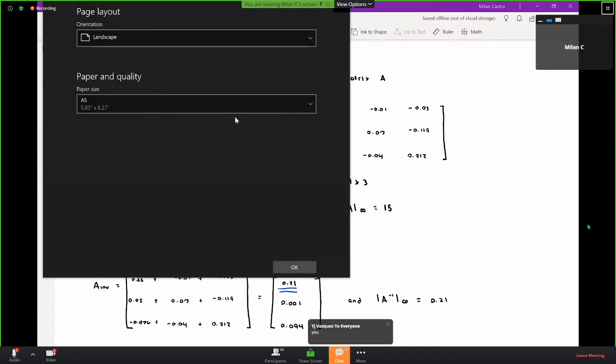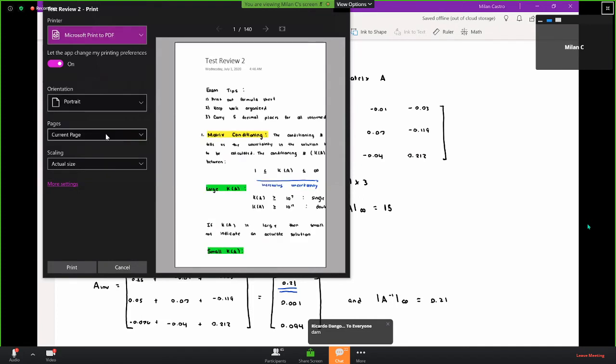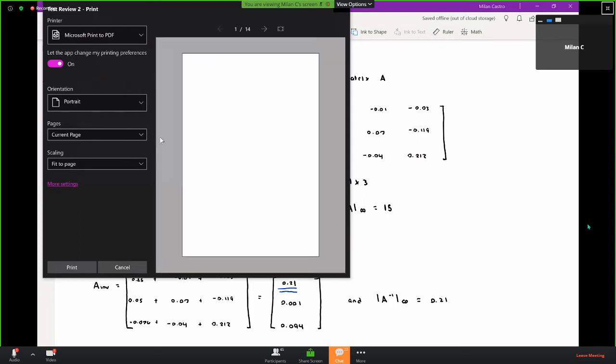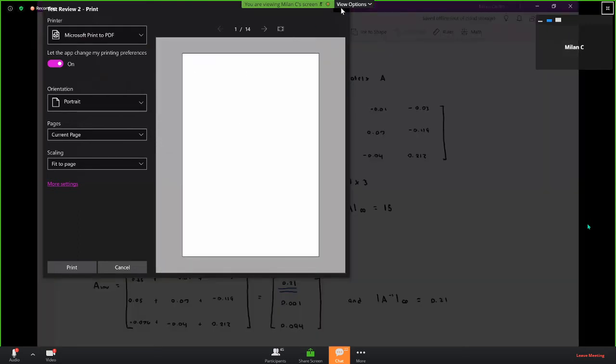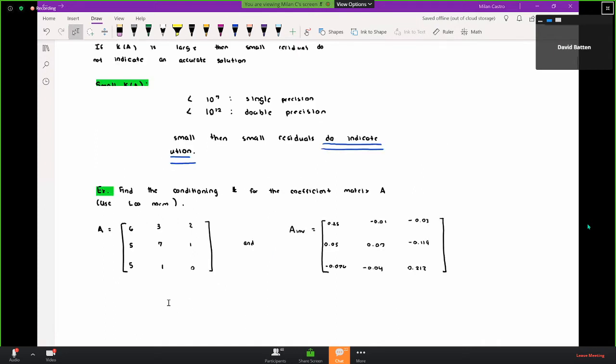If you guys want to send the review to other people, that's totally fine with me. What program are you using to export this? I'm just using OneNote, the print to PDF option. It still looks blurry. If someone has an actual solution, just let me know. I can share this notebook with you guys, but I don't know. That would be weird.